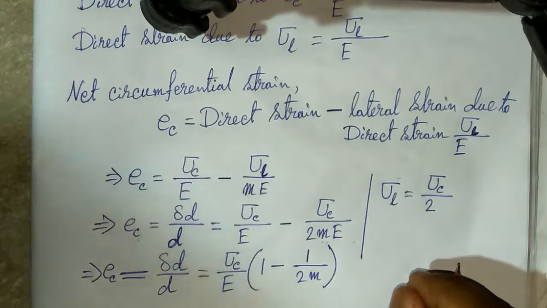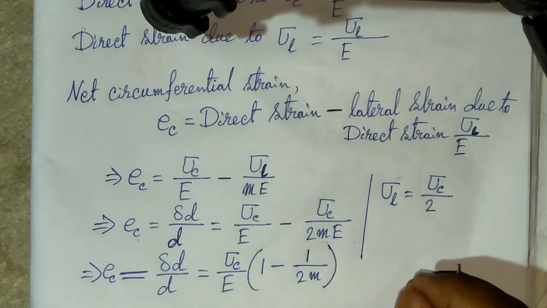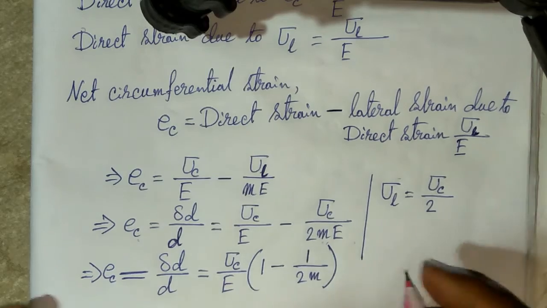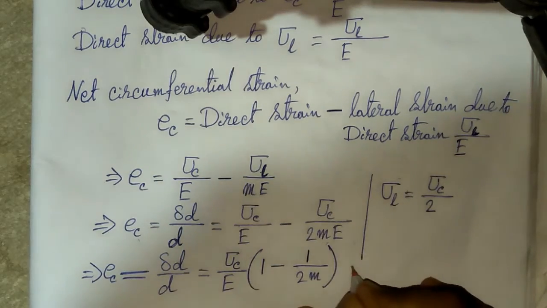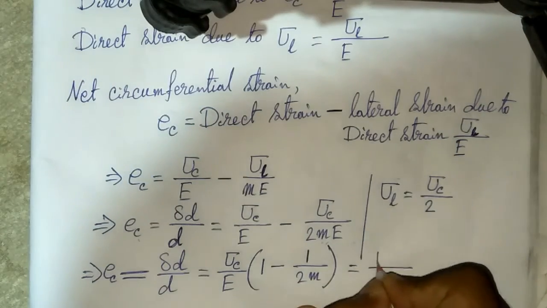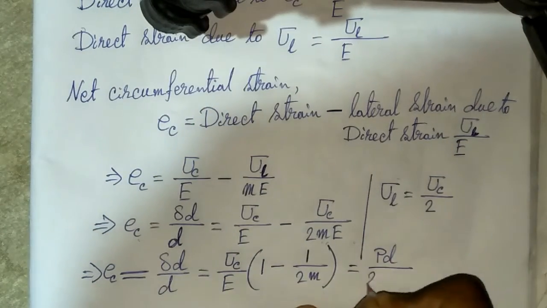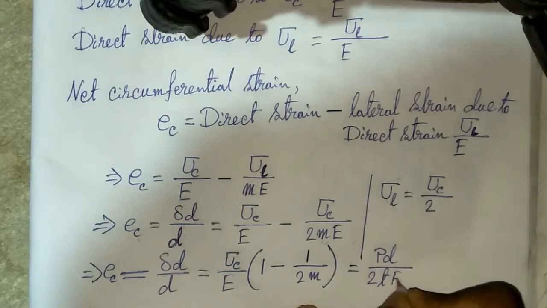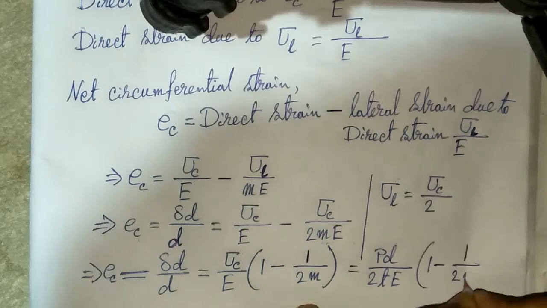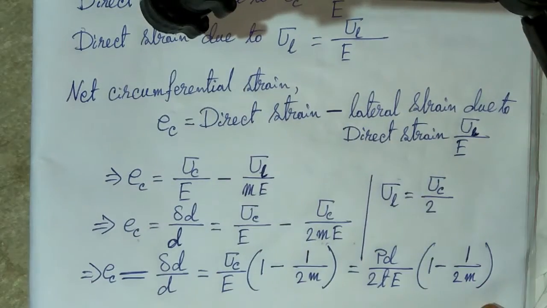Or we can write that as the value of sigma c, pd by 2t, into capital E, into 1 minus 1 by 2m.